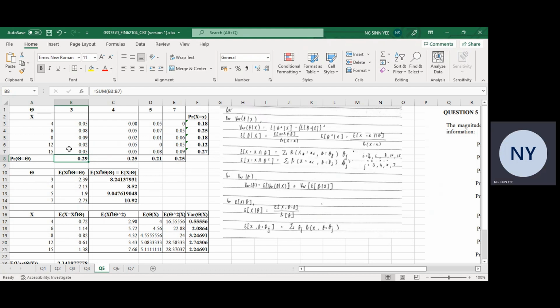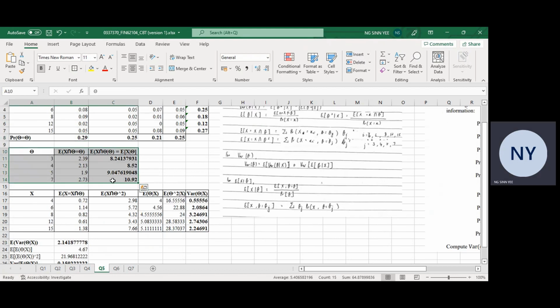After having the probability of theta and the probability of x equals x, we can proceed to the next step, which is finding the joint expected value of x and theta. In this table, we are finding the expected value of x given theta.